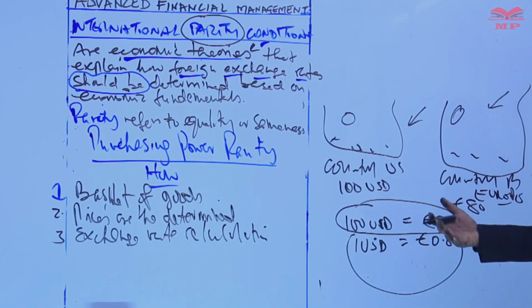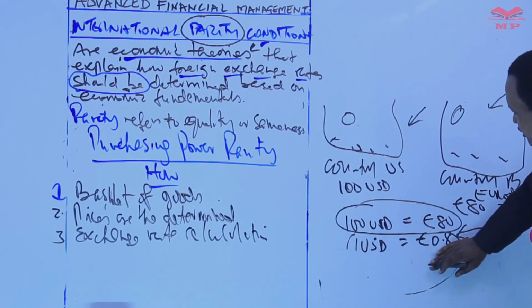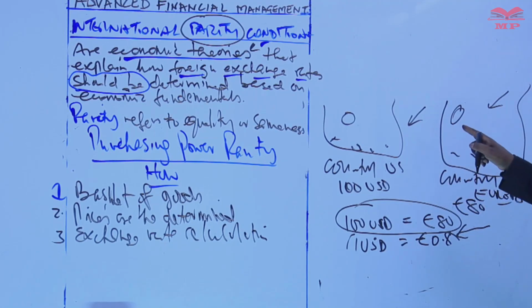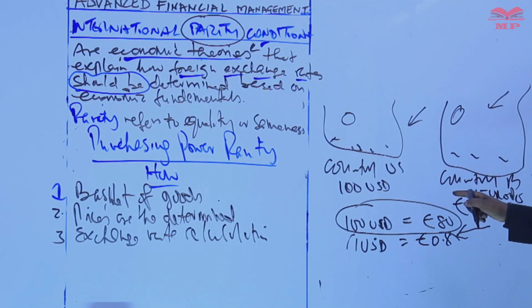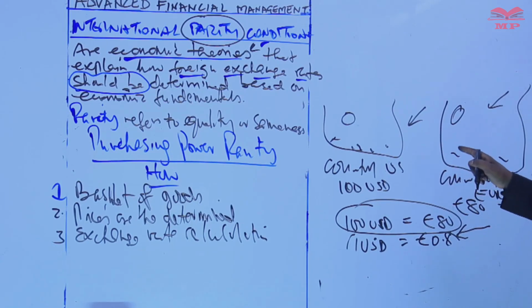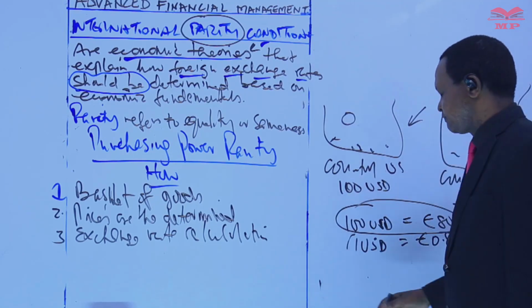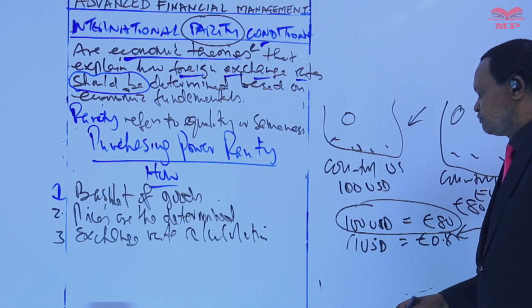And therefore, candidates, if the actual exchange rate is different from the implied exchange rate, this is the implied exchange rate, if the actual exchange rate is different from the implied PPP exchange rate, it may suggest that one currency is overvalued or undervalued relative to the other. Please note that.